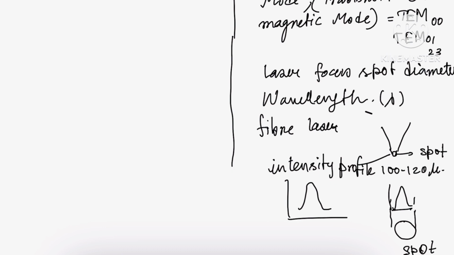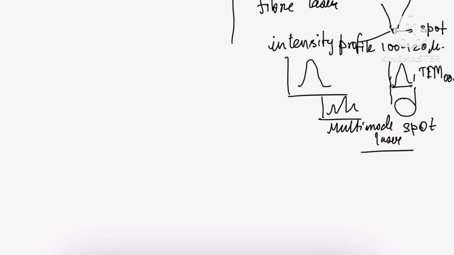If this focus spot has only one peak in its intensity profile, it will be called TEM 00, which is also called a single mode laser, which is preferable for any type of deposition to get the micron level accuracy. If the focus spot has multiple peaks in its intensity profile, it will be called a multi-mode laser.